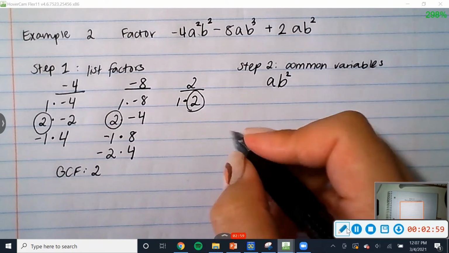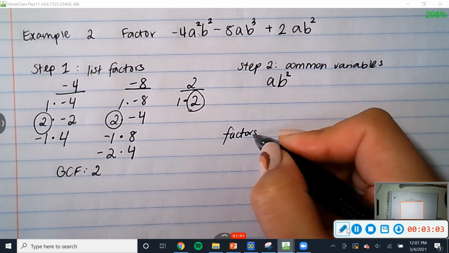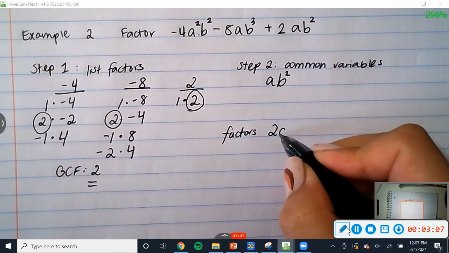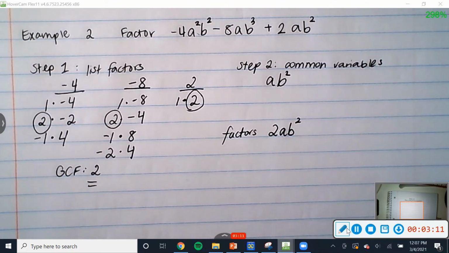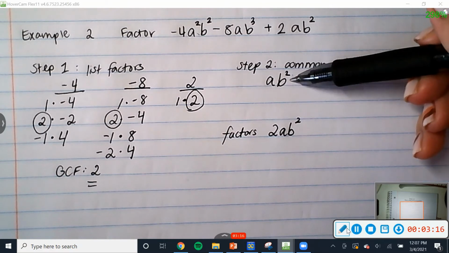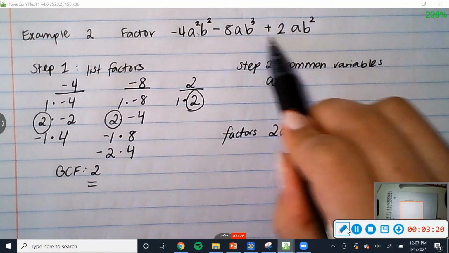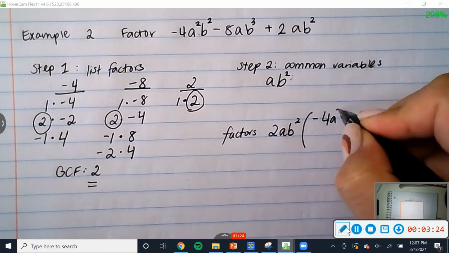So when we write out our factors, it would be 2 from the GCF times A times B to the second power. We always want to take out as many common variables as we can. So now I'm going to write the original problem again inside my parentheses.